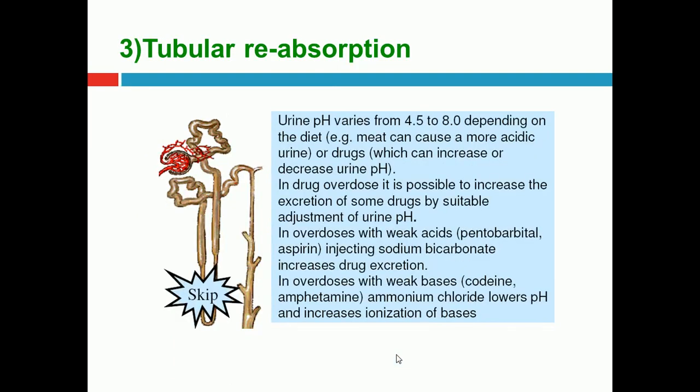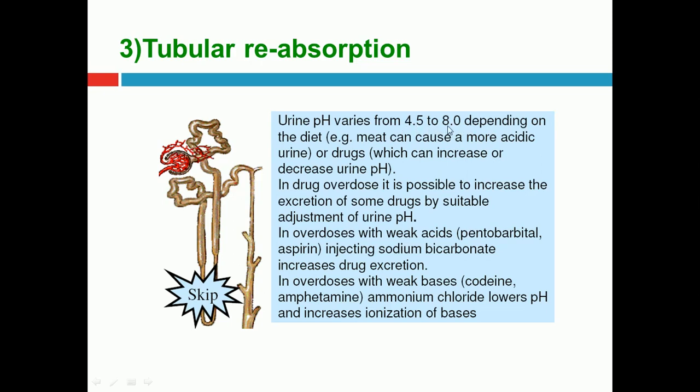So now, what factors can change the pH? The pH of urine varies from 4.5 to 8.0, from slightly acidic to slightly basic. What factors can vary this pH between these two values?